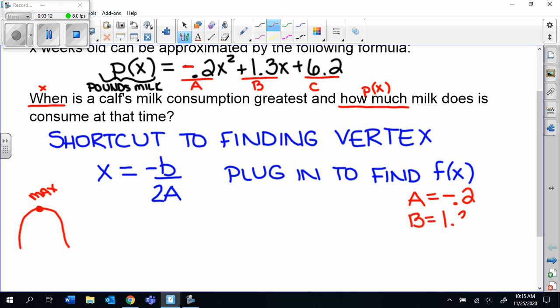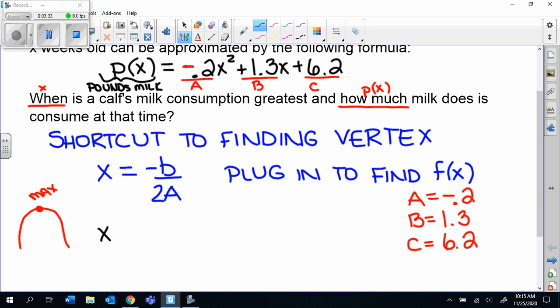So if you want to, you can rewrite that off to the side over here. Maybe some of you underline. I'm sure some of you don't do any of these things, and you just pull it straight out of the equation. All right, so negative b. We're going to take that 1.3. If it starts off positive, we need to change the sign. If it starts off negative, we're still going to change the sign back to a positive.